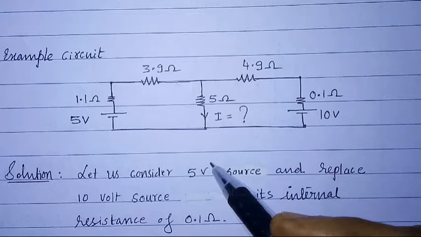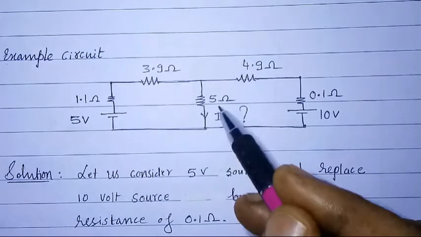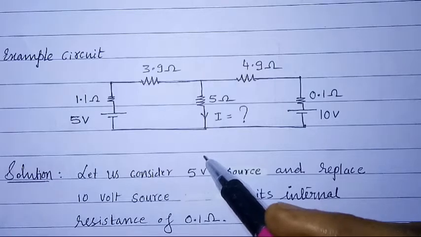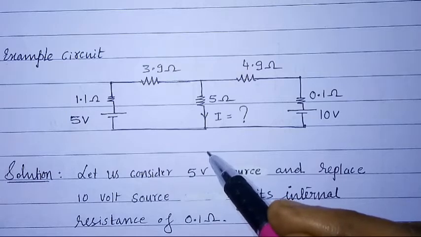Like this, if we are given with 1000 resistors, then we need a time of 1000 into 10 minutes, that is 10,000 minutes. So in such cases, time required to find current in all 1000 resistors will be several hours. But if we make use of Thevenin's theorem to find current in all the 1000 resistors, then the time required may be considerably reduced.